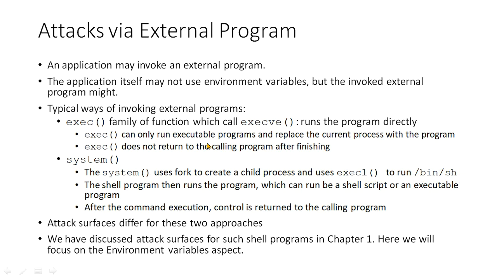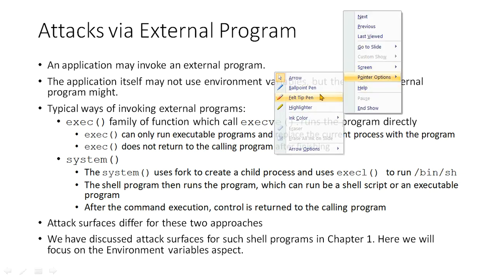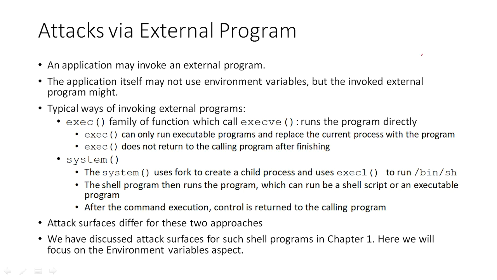For example, when we have a function like system and we run ls here, ls is a command in the shell that prints out the files in the folder, right? So what this function call does is that it creates a child process.